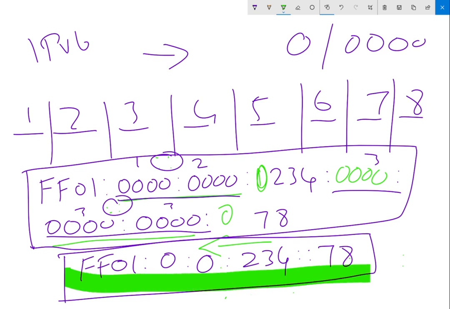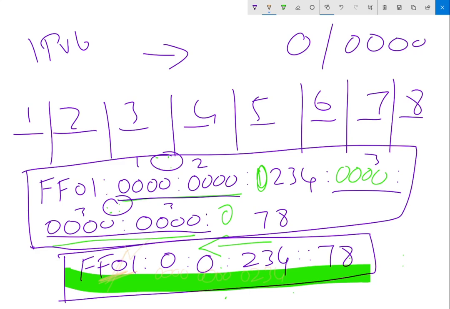Now it says FF01, here it is 4 hexadecimal digits in total. So it will automatically take 4 zeros here, 0000. Again here it will automatically take 4 zeros. Here it will take 0234. Listen here, I didn't omit the 0 because this is not successive zeros, so we should put that.